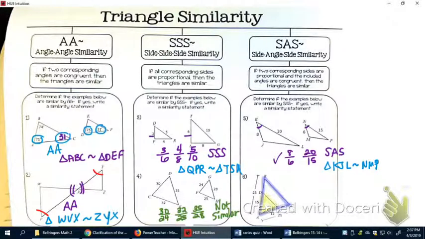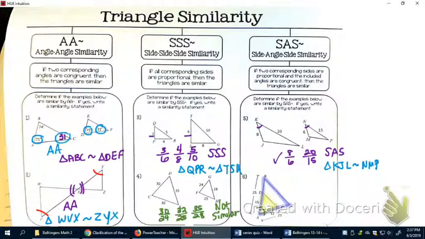Do they share an angle? Yeah. Which one? A. That angle there is the same angle for both of those two triangles. That angle that's connected to them. That's the angle they share. And it's the angle between the two sides that I'm given.